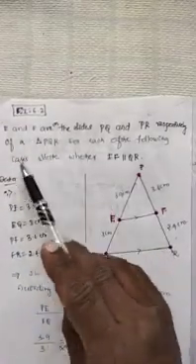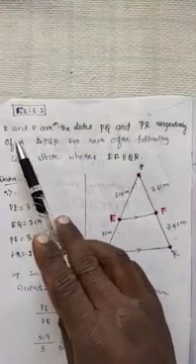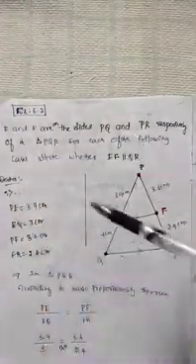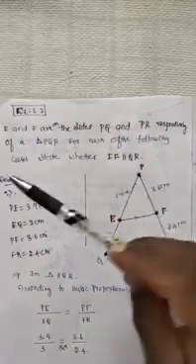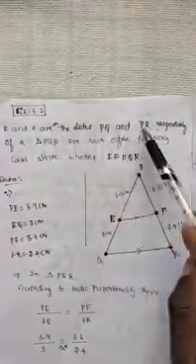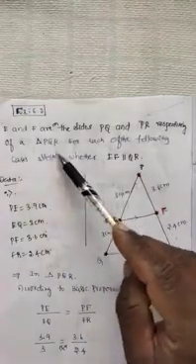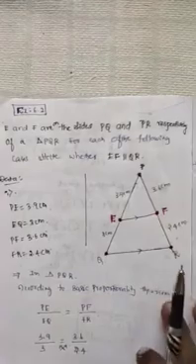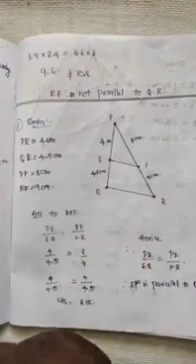EF is the straight line, and the given straight line EF is parallel to QR, right? So E and F are on the sides PQ and PR respectively of triangle PQR. For each of the following cases, this is the second sum, the second example.